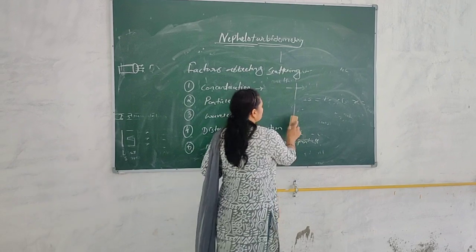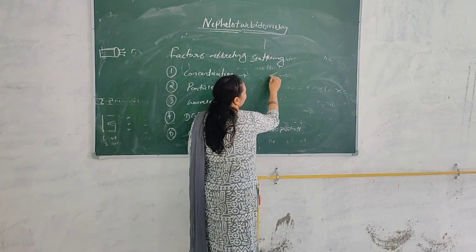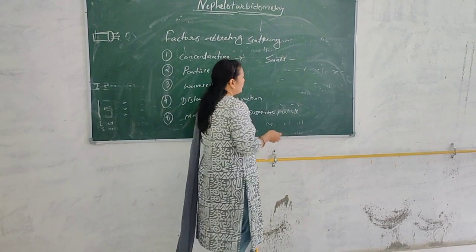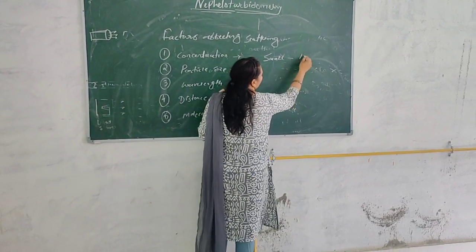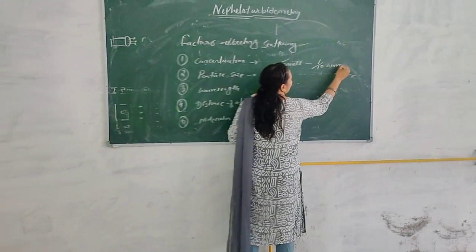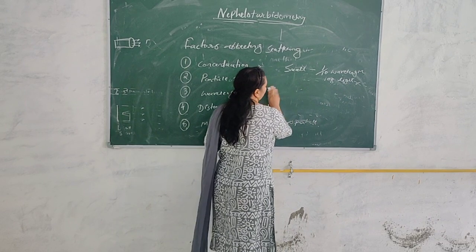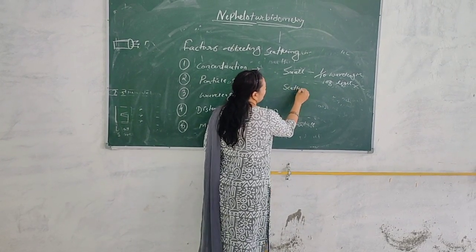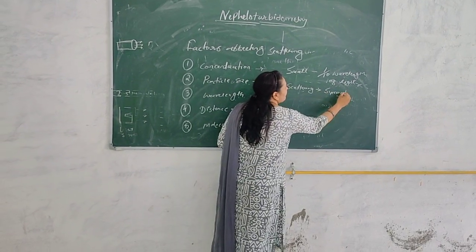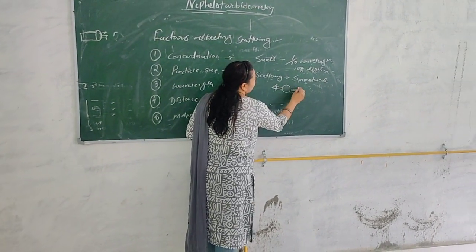Second is the particle size. There are generally small particles, large particles, and larger particles. In the case of a small particle, the scattering is 1/10 of the wavelength of light, and the scattering is symmetrical in nature, like that.